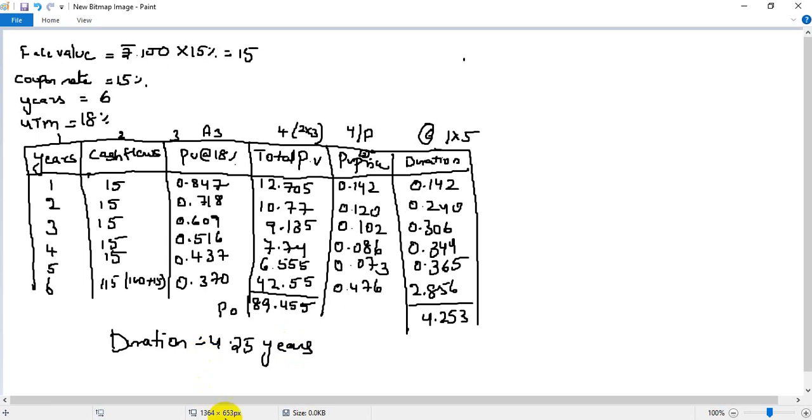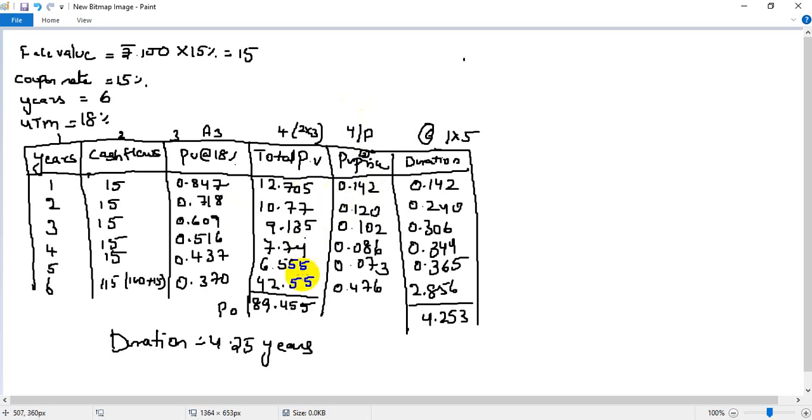So this is how you are going to calculate the duration part. It's very simple. He may ask you in the exam as well. So just check it out. What you are supposed to do is, you have to take all the 6 years cash flows each year. Last year you need to add the principal amount also, that is 100. Take the values from A3 table and multiply second into third column, you will get these values.